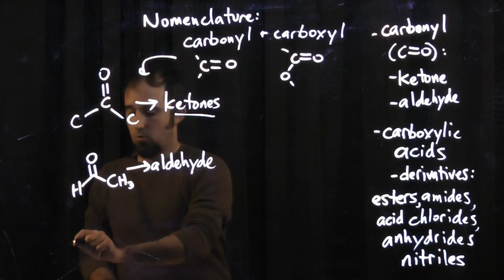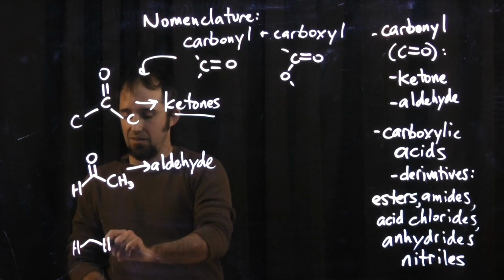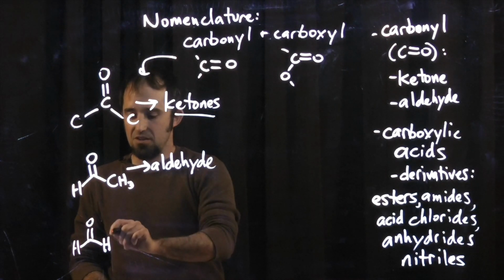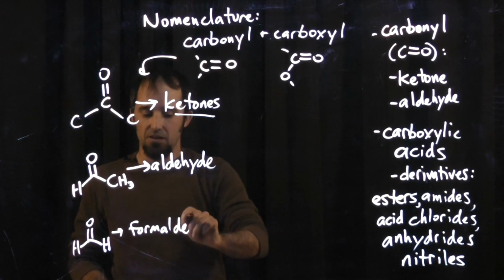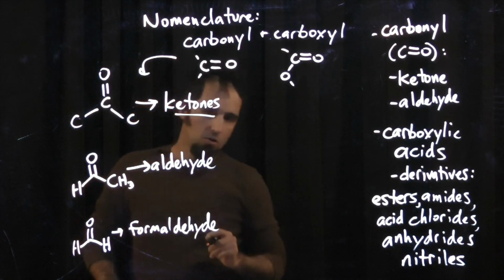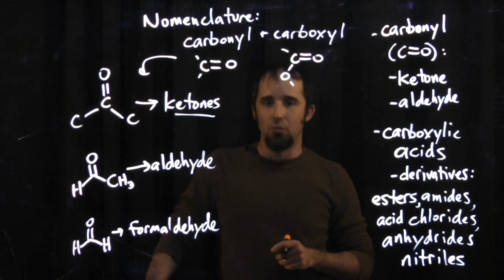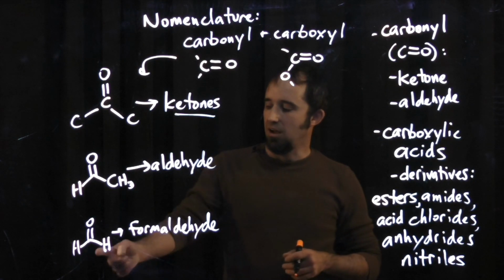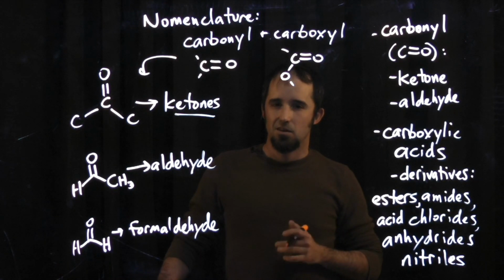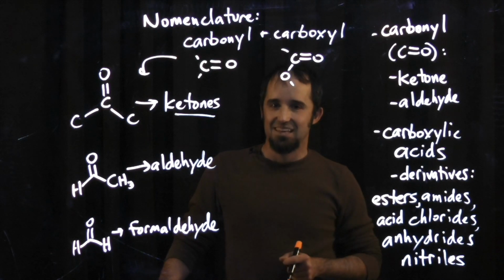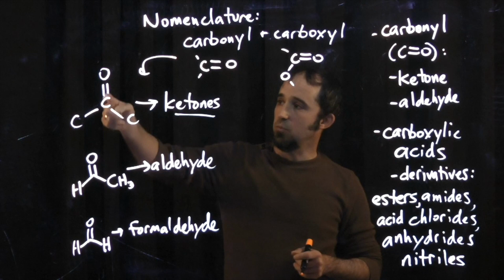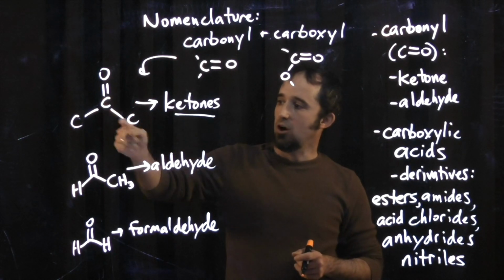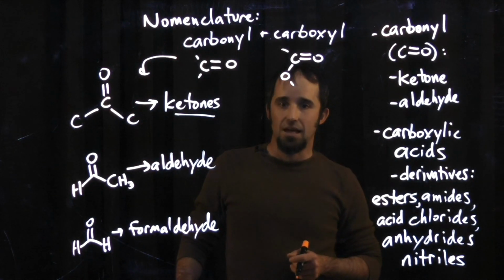And if you're wondering, there's only one molecule that has both hydrogens, and that is a particular aldehyde called formaldehyde. So the formaldehyde you might use in your biology lab looks like this. Kind of, we'll get into the details later on. So these are ketones and aldehydes. Again, carbonyl in the middle, CO double bond, and then carbon or hydrogen on the outside.